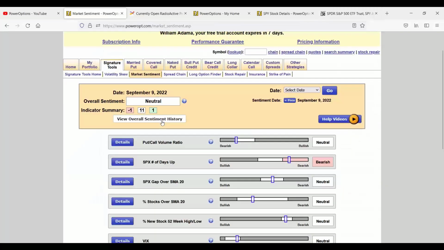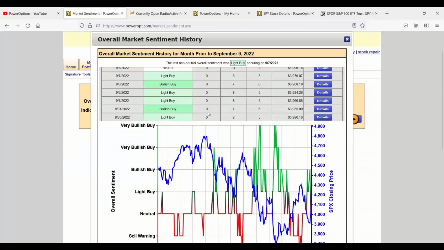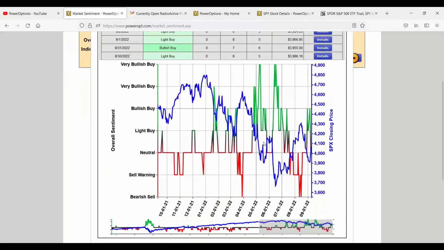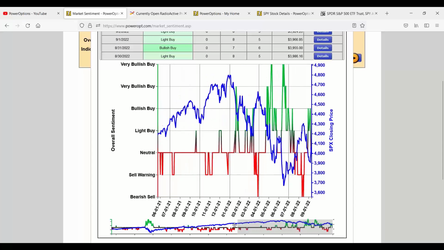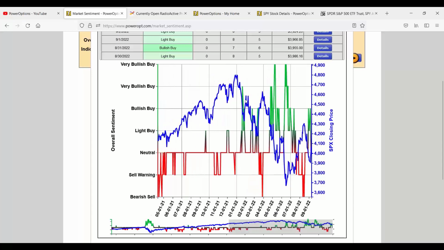But if we followed the history of the market sentiment tool, let's go to the beginning of the year, when we started to see the sell indicators and going into the bearish sell modes, the bearish warnings, of course, when they started to appear at the end of December, and then we saw the bullish buys a little bit here, and then we started to see a little bit of neutrals.